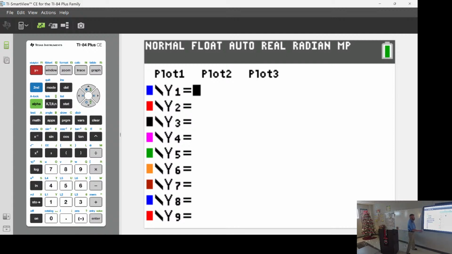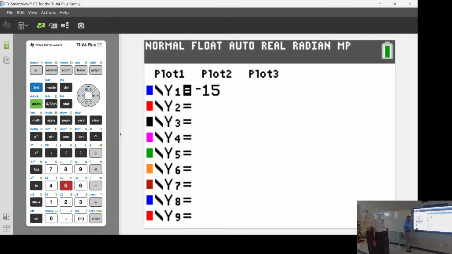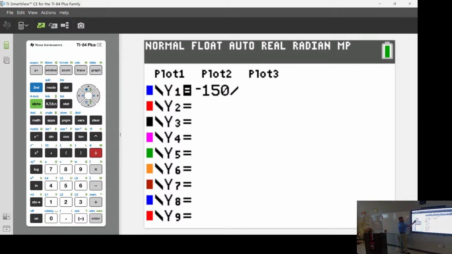So I'm going to type negative 150 divided by x. I want two numbers that multiply together to get negative 150. That's going to be in my y1. But I want those two numbers to add up to something else, right? So what goes into y2?